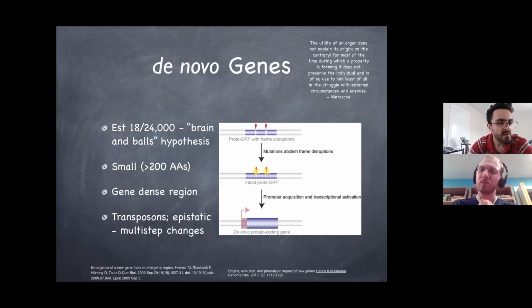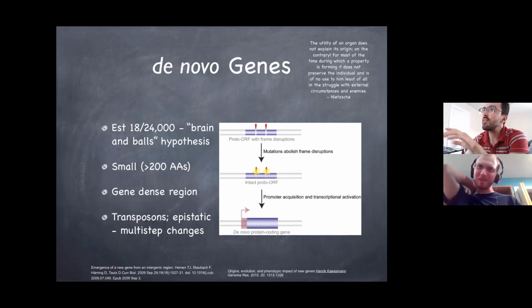I can go into some of the observations. There are a number of papers that try to trace out how genes arose. They go through the mechanism, but I think they're kind of unambitious in their conclusions and in how this affects bigger theories in biology. But to quote Nietzsche briefly, on the slide here: the utility of an organ does not explain its origin.